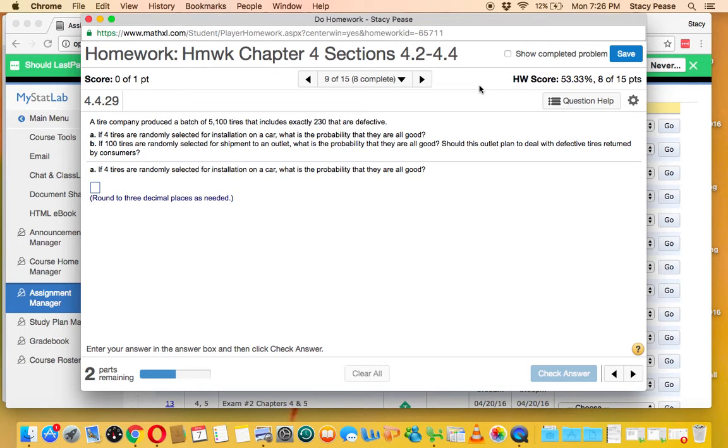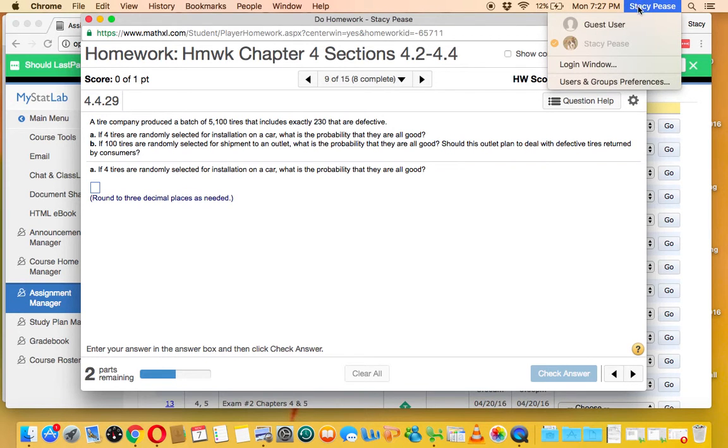So if I take that 0.955 and multiply it by itself 4 times to represent each tire, I wind up with 0.832, that they are all good.